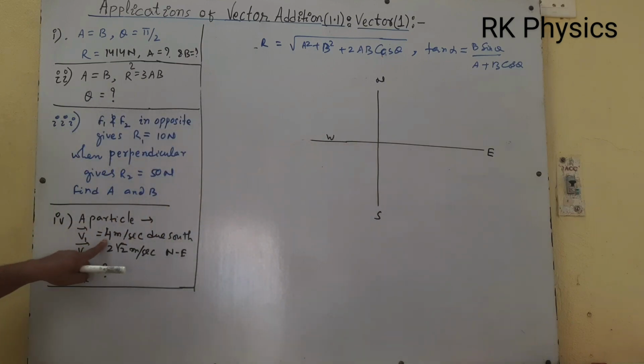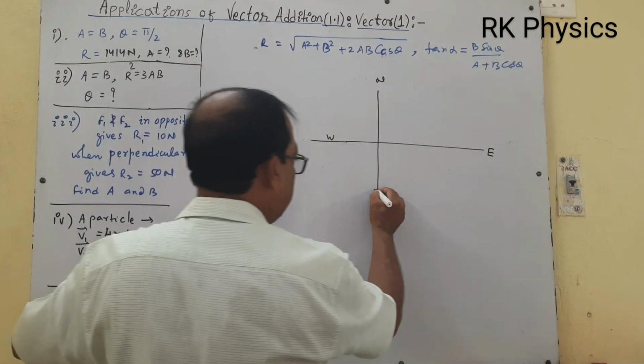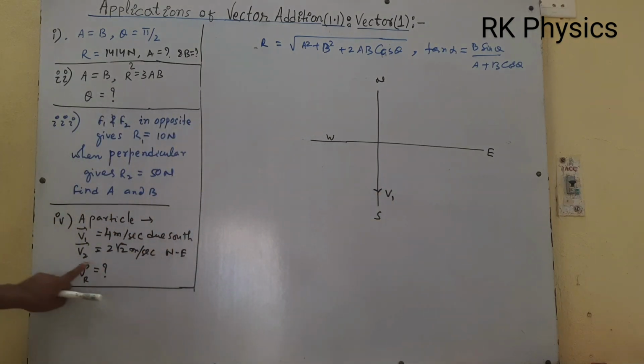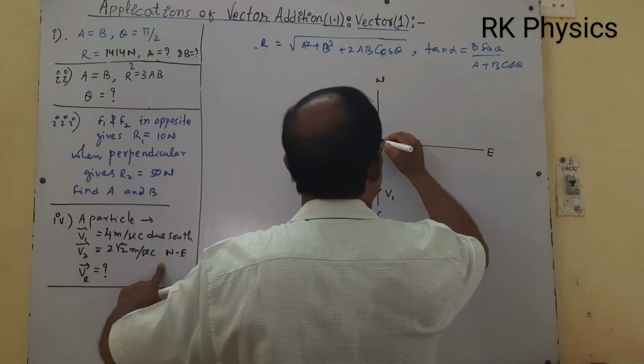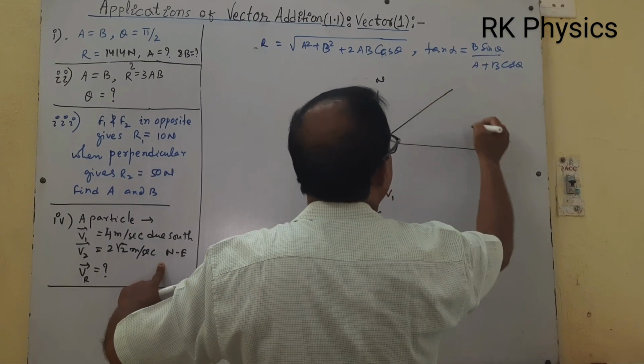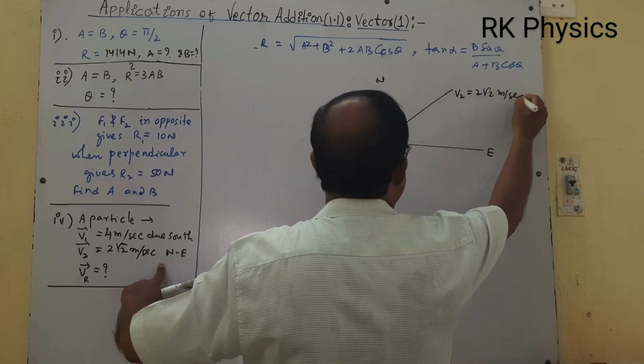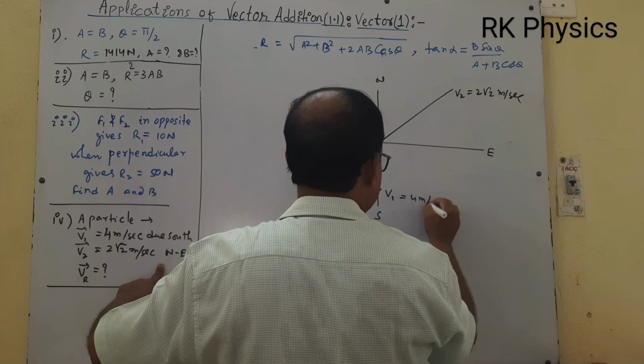This is your V1, 4 meter per second. And another is V2, 2 root 2 meter per second due northeast, north and east.